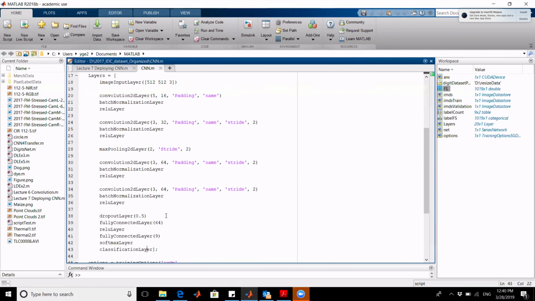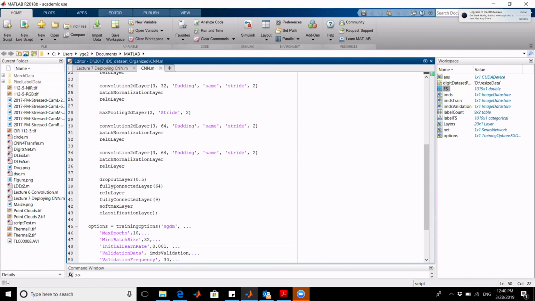All right, and then after I got to here, dropout 0.5, and I roll them to 1D, and then I got that to another fully connected layer, which got 64 neurons. Okay, and then get another ReLU layer, and then the fully connected layer, which is 9, because I got a 1 to 9.